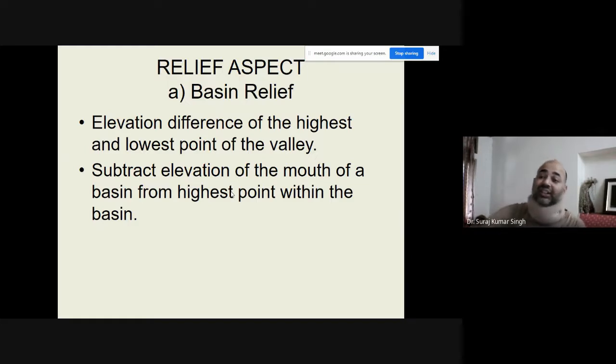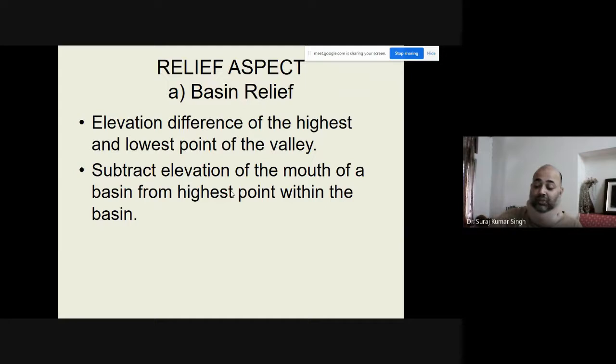Generally, for this we have various kinds of digital elevation models available in remote sensing and GIS, where information about the terrain, the topography, the relief is available at different resolutions free of cost for the entire globe.